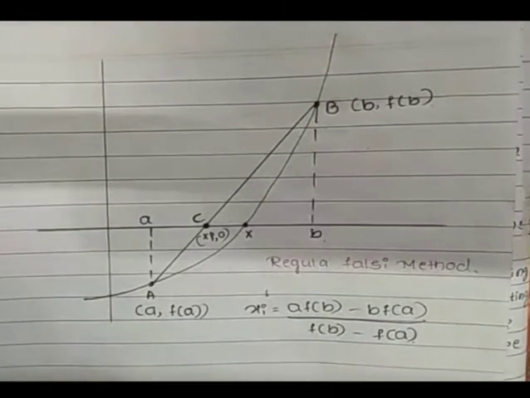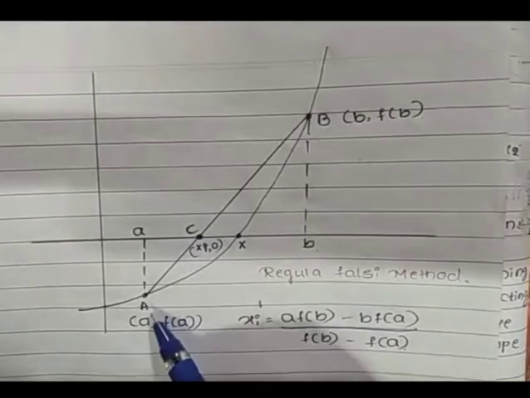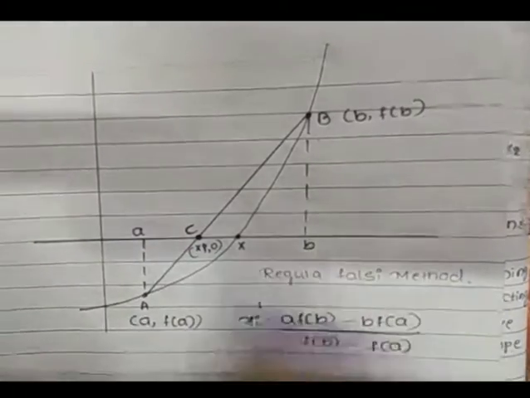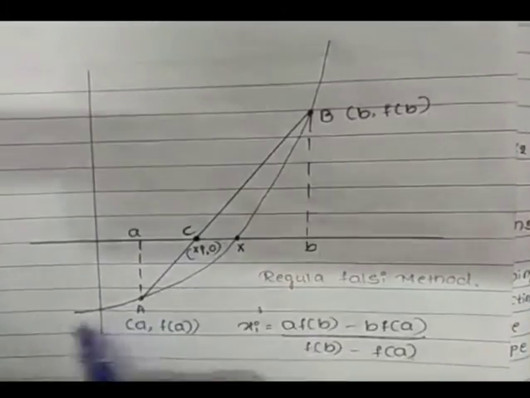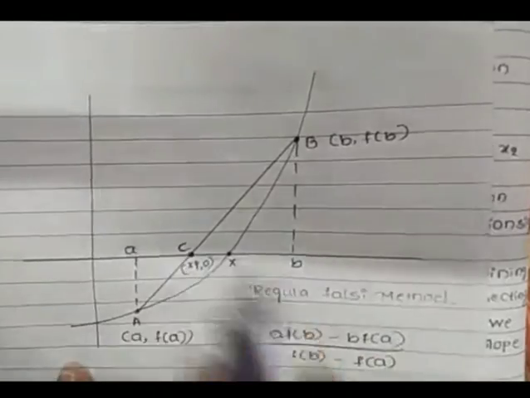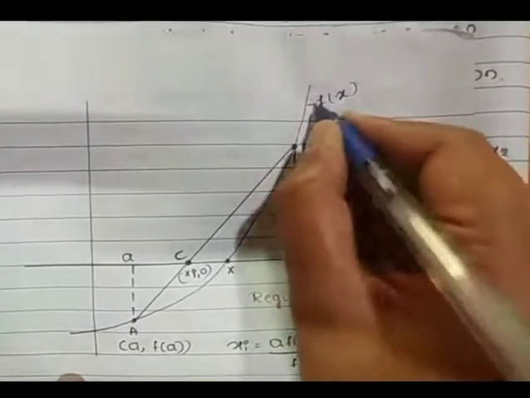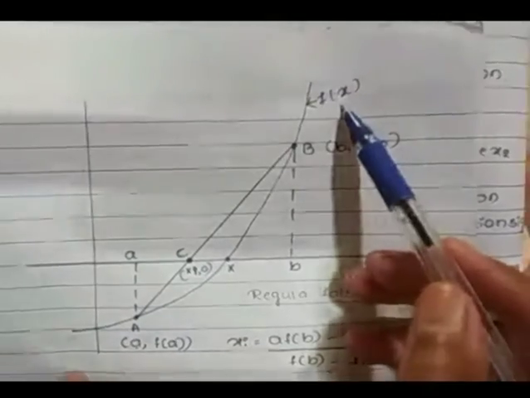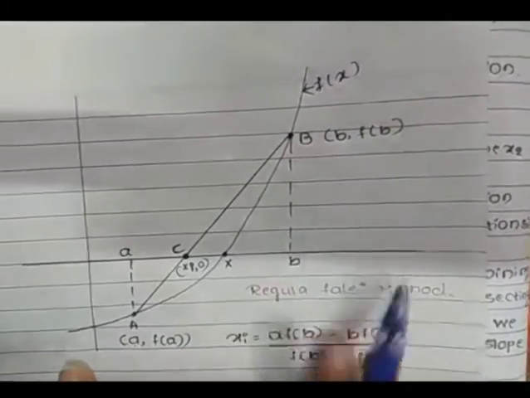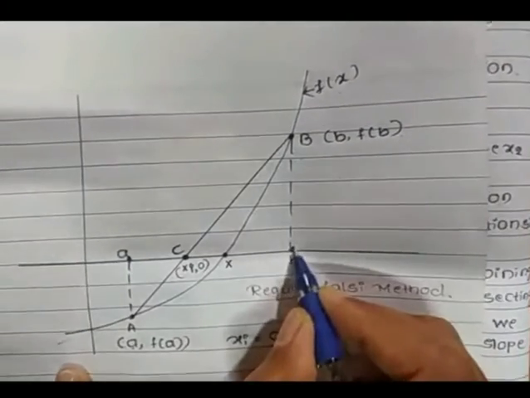So this is the regular falsi method. In regular falsi method, what we do, initially we draw the x-axis, y-axis, and then one function we consider here. This curve is nothing but the f of x function curve. So this is the given function f of x curve. What we do here is consider one a value and one b value.